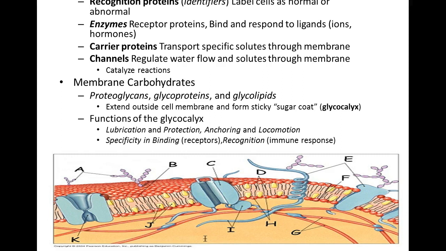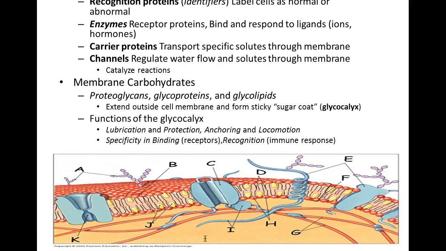Remember, enzymes are catalysts. They tend to have a specificity. And what you have are enzyme receptors that bind to what are known as ligands. And these are things such as insulin, a type of hormone that will bind to these receptors. And once they bind to these receptors, it will actually change the function of the cell inside. It doesn't go inside the cell, but changes the function inside.